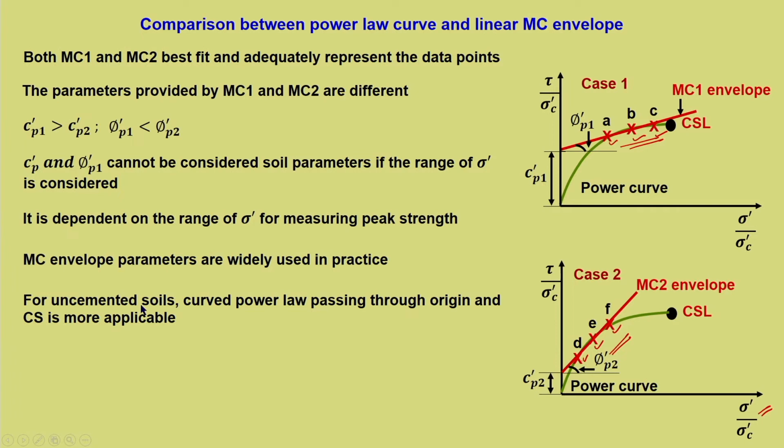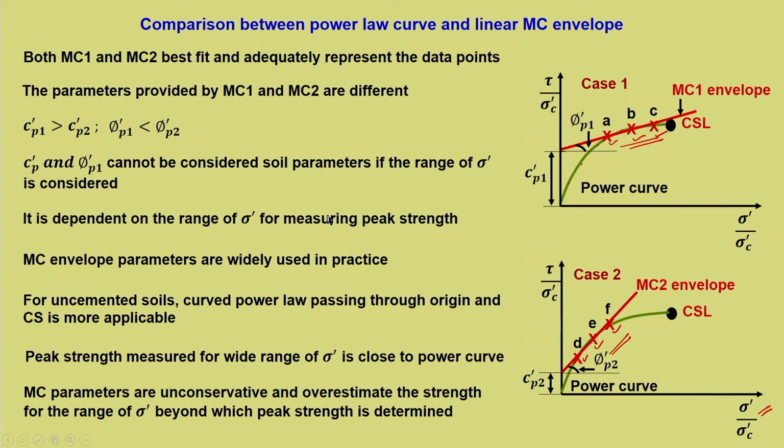For uncemented soils, the curved power law passing through the origin and critical state is more applicable, or more general in nature, than the Mohr Coulomb failure envelope. Peak strength measured for a wide range of sigma dash is close to the power curve. If we include a different range during the determination, then that Mohr Coulomb envelope will be more generalized and close to what we represent using peak.